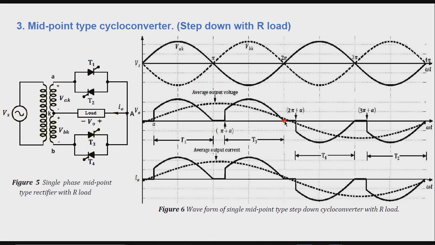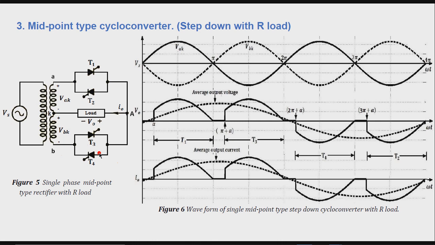After such two positive half cycles of load voltage and load current, thyristor T4 is gated at omega t equal to 2 pi plus alpha. Here T4 is triggered. When A is positive with respect to B, as T4 is forward biased, it starts conducting, but the load direction is reversed.